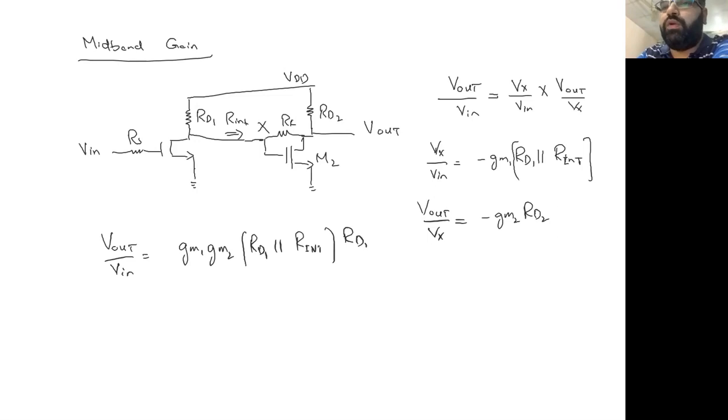We know the value of all of them. So if we just do a bit of math, we will come out to 25 point something, as we previously calculated. So the gain for this two-stage amplifier, V out by V in, is currently 25.